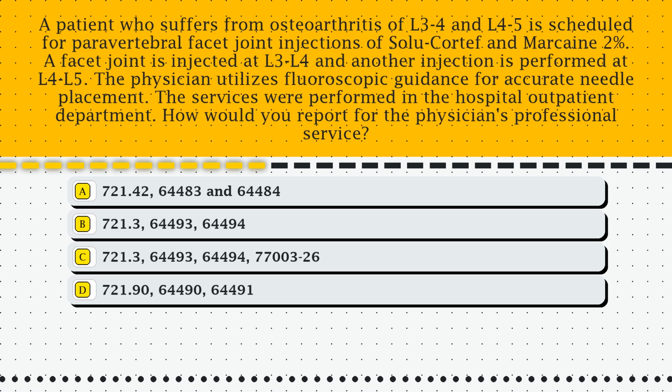Option B, 721.3, 64,493, 64,494. Option C, 721.3, 64,493, 64,494, 77,003 to 26. Option D, 721.90, 64,490, 64,491.